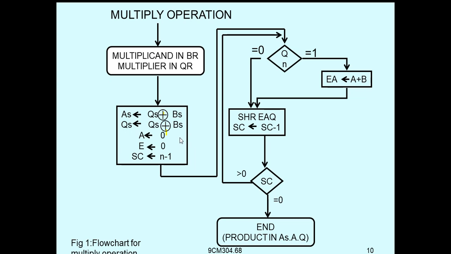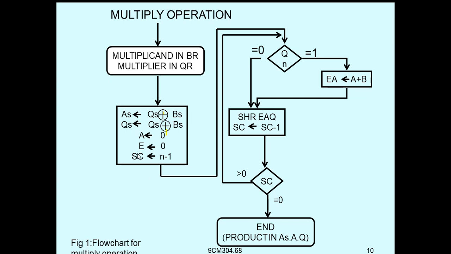Every number can be stored in the register along with the sign bit. So if the register holds 5 bits, the first bit is the sign bit, and the remaining bits are the magnitude bits.